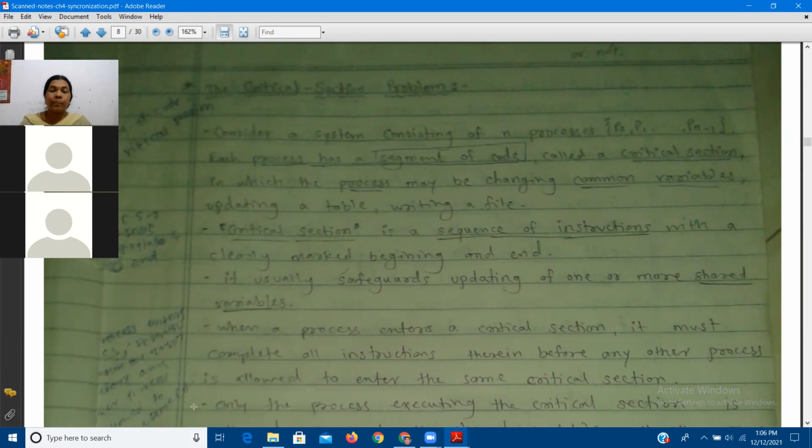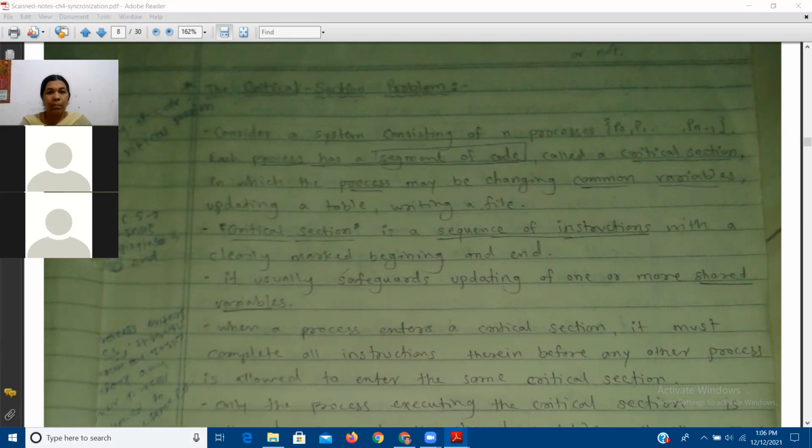That's why when the common resource is in use by one process, other processes can't use that resource till it is released by that process. Actually three operations are there with respect to the resource.